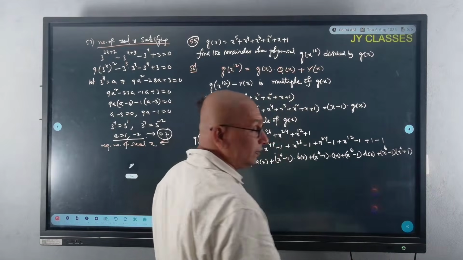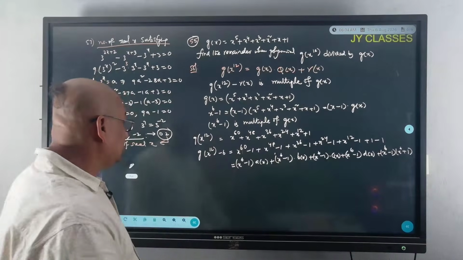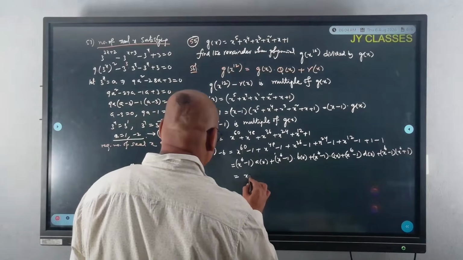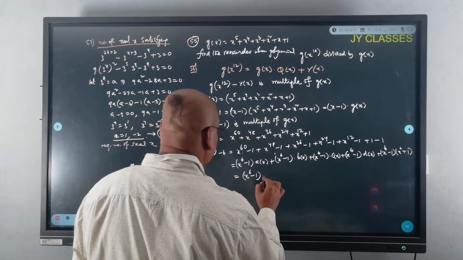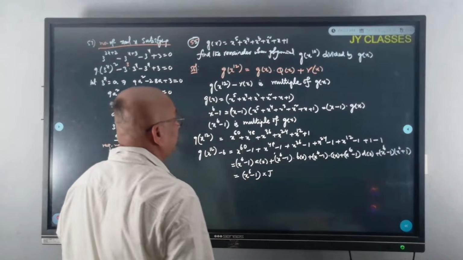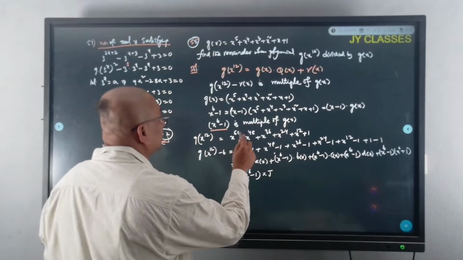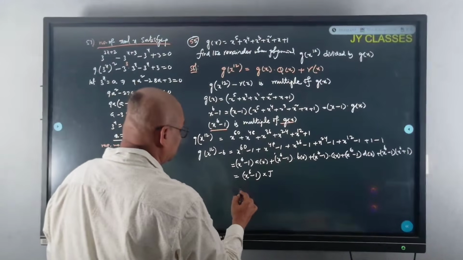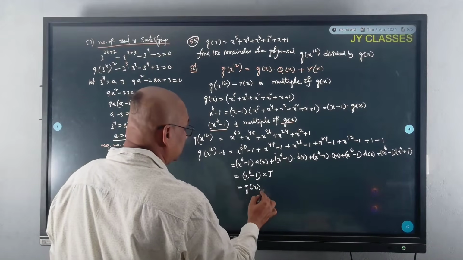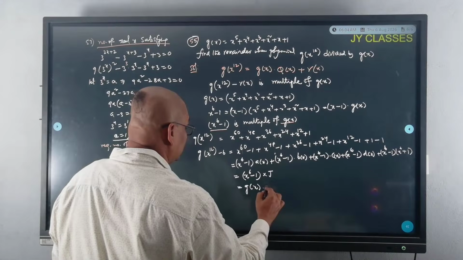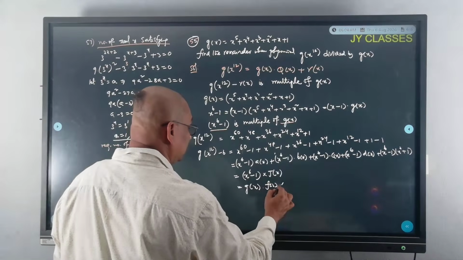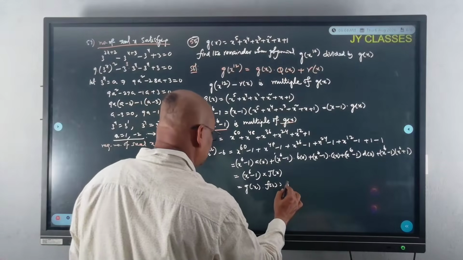This is e of x, right? So this is all nothing but x power 6 minus 1 into j. But x power 6 minus 1 is a multiple of gx. So gx into some fx into jx.